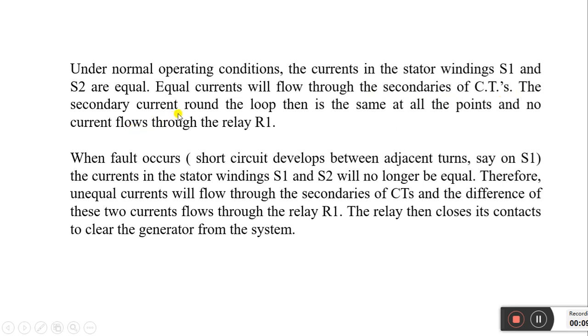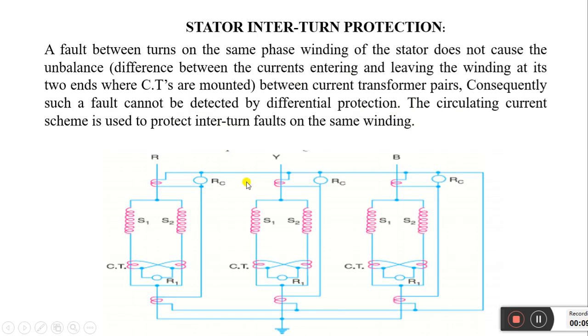The secondary current round the loop is then the same at all points, and no current flows through the relay R1. So I have discussed here previously that during the normal operating condition, an equal amount of current will be flowing through the winding S1 and S2.